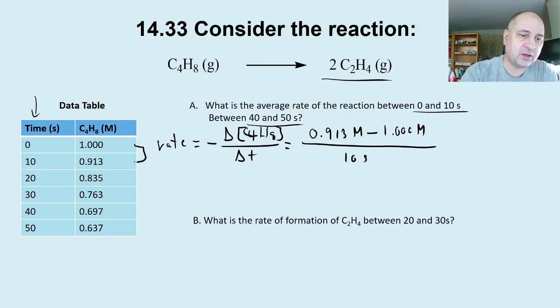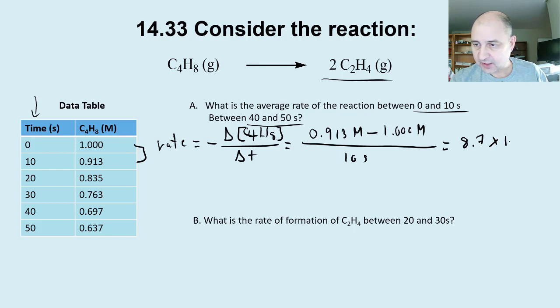So this is going from here to here. This is where my numbers are coming from. And that gives me a rate of 8.7 times 10 to the minus 3 M per second.